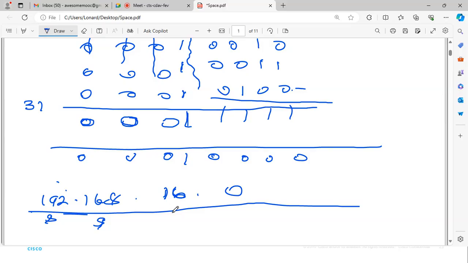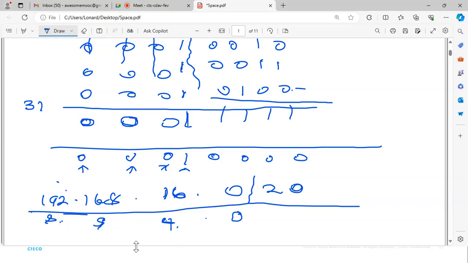But when it comes to this one here, the matching bits, we have 1, 2, 3, and then 4. So the matching bits here, they are 4. And then here we have our 0, but still 8. So if you are to give it the prefix here, it would be 8, 8 plus this. So this is 16 plus 4, 20.